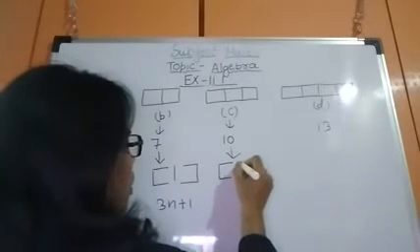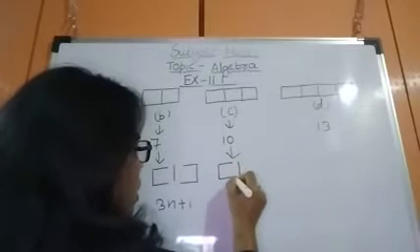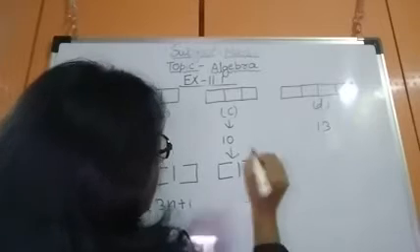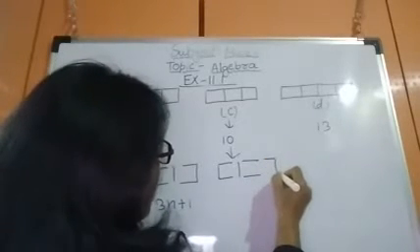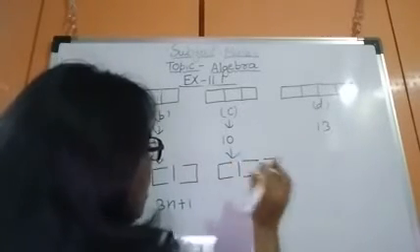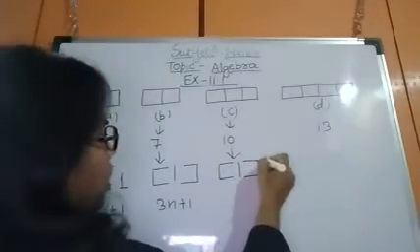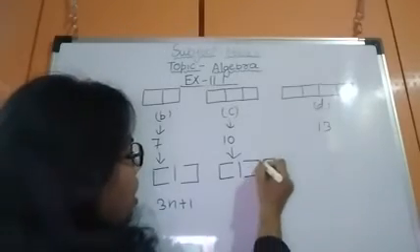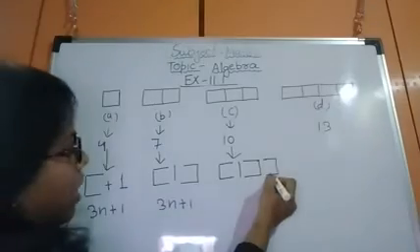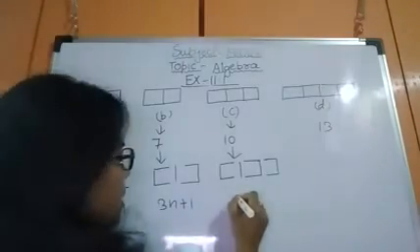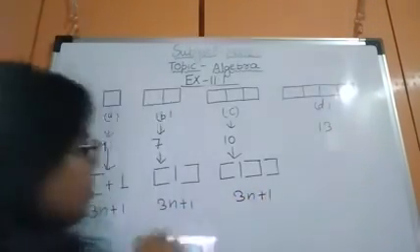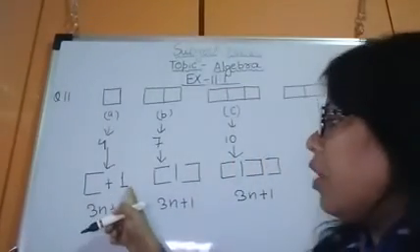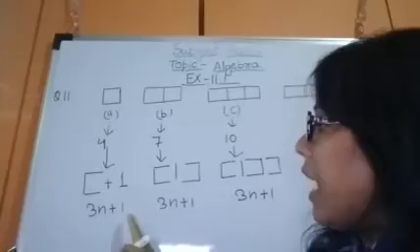Here, 3, 3 is 6, 3 is 9 and 1 is 10. So again this can be written as 3n plus 1. 3n makes 3 sides of a square and 1 we write as it is.